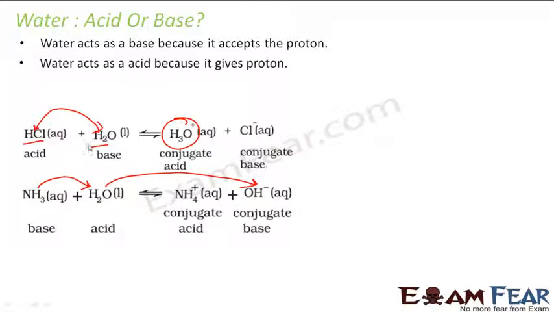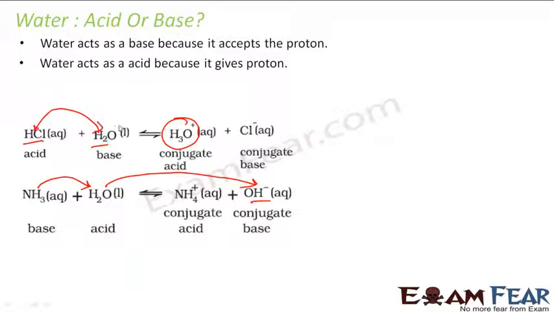I'll just repeat once again. If you react water with a strong acid, water behaves like a base. If you react water with a base, water behaves like an acid. For example, if you react water with ammonia, which is a base, water acts like an acid and loses a proton, it becomes OH minus, the conjugate base.